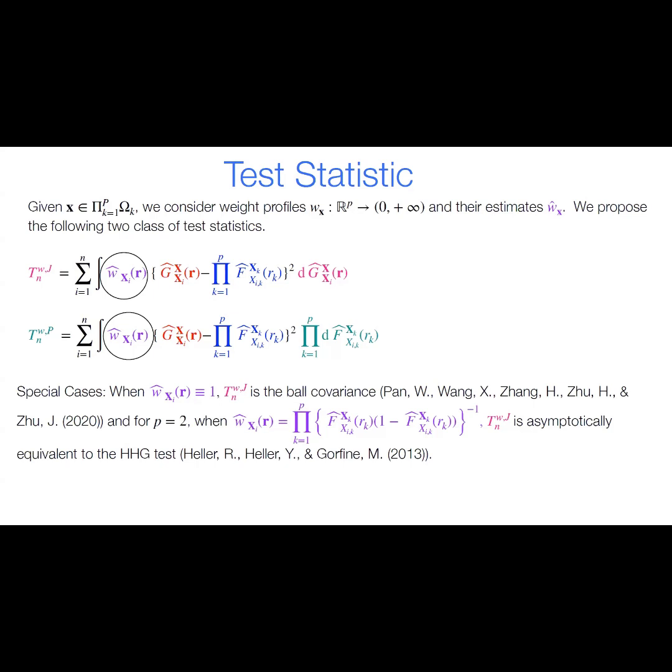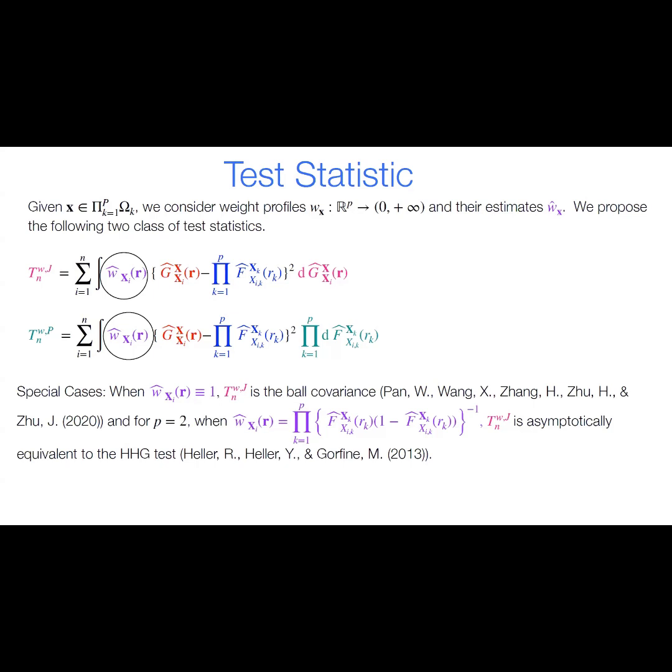But we are not the first. How we created this is we first tried to look at the difference between these joint and marginal profiles. But later we found that some special cases of this actually exist in the literature. So when we have trivial weight profiles, this test statistic actually corresponds to the Ball covariance.